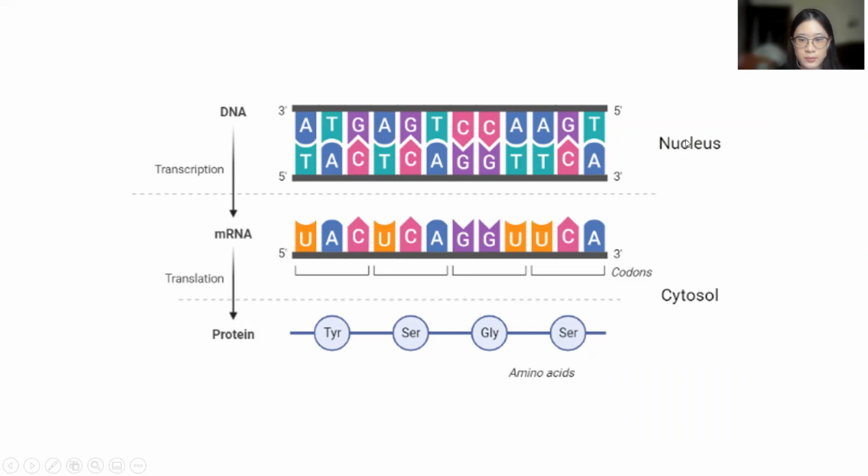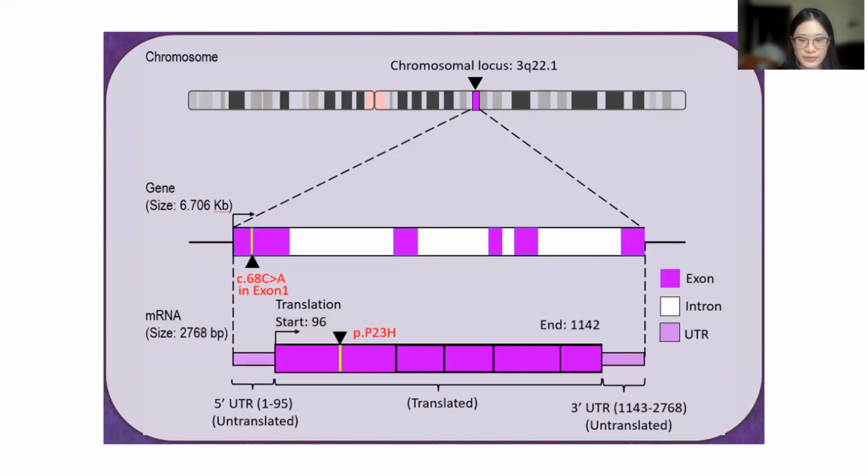The mRNA will then be transported out of the nucleus into the cytosol to produce rhodopsin protein via translation of the code brought by mRNA. In general, 3 neighboring bases are bundled together as a group called a codon, that will finally be transferred into one amino acid. Let's come back to this figure.